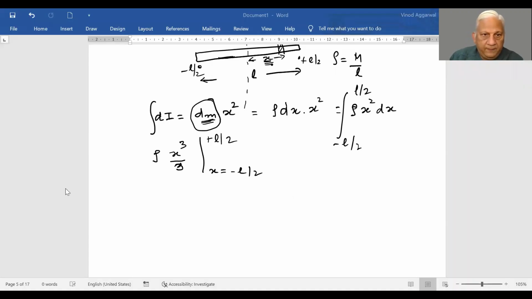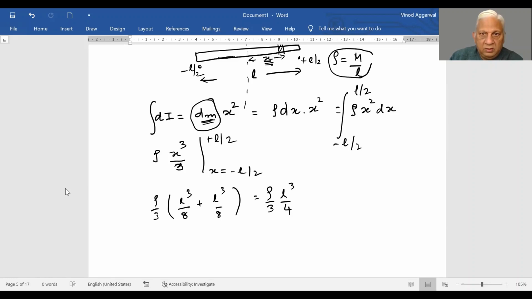And we have already defined rho as this.